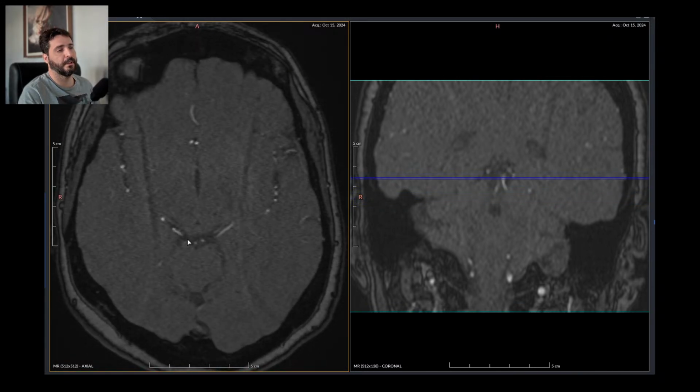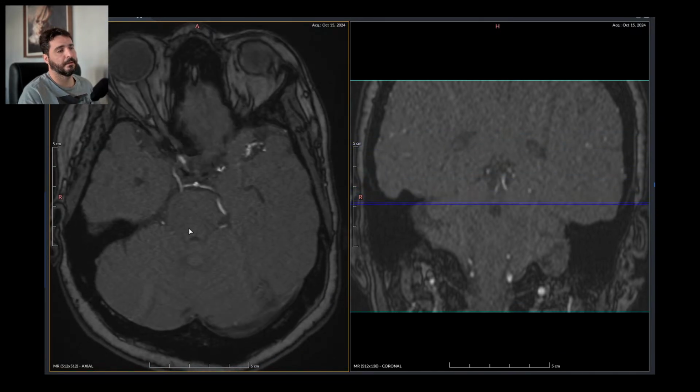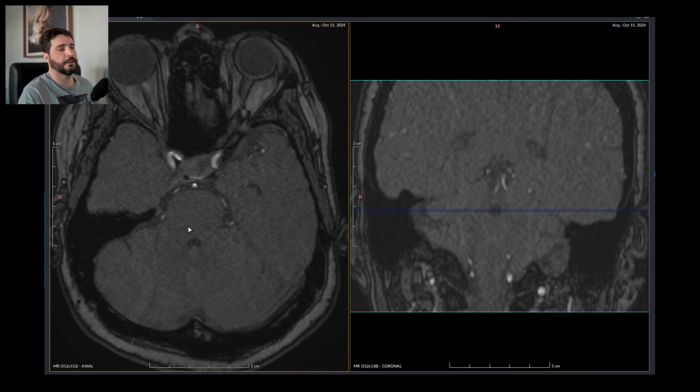This is P3 and this is P4. So this is a very common anatomical variation.